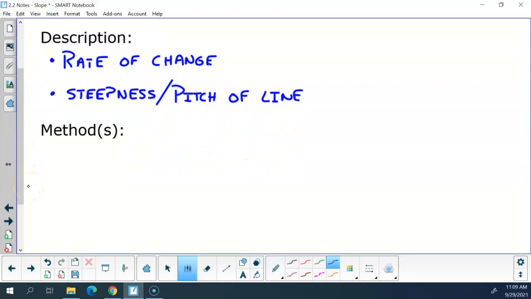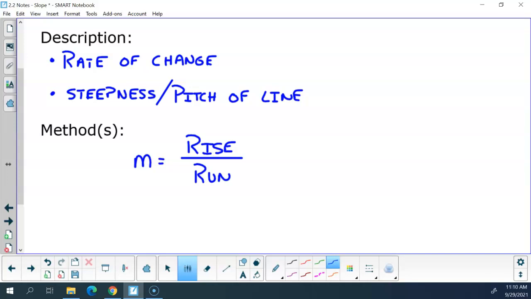Rise over run is the easiest way that you probably remember what slope is. Okay? Rise over run. Now, can we expand that a little bit? Let's build off of rise over run. What do you got?